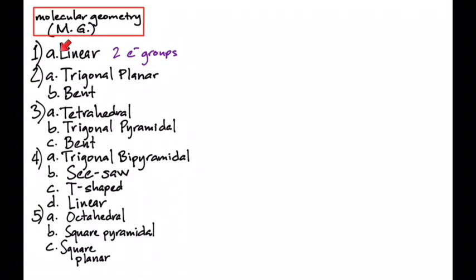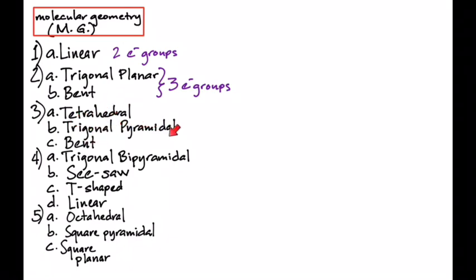If the electron geometry was trigonal planar, then there are 2 different types of molecular geometry, either trigonal planar or bent. And so that means that both of these molecular geometries have 3 electron groups total. And the third type here, if the electron geometry was tetrahedral, then the molecular geometry could either be tetrahedral, trigonal pyramidal, or bent.